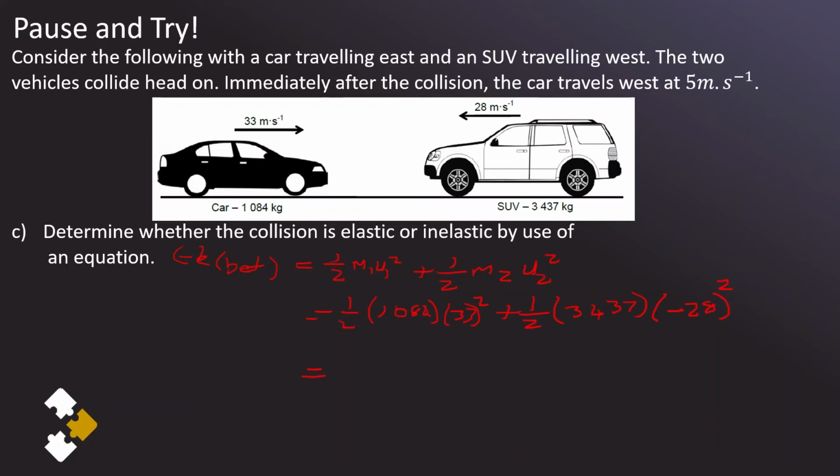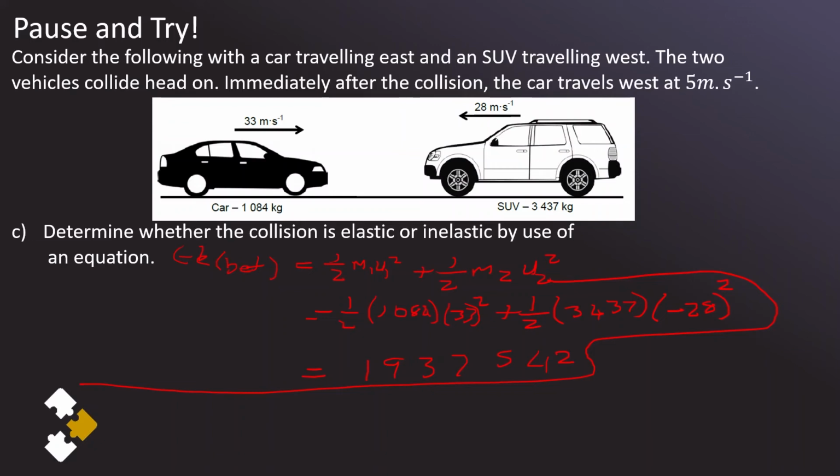And that gives us 1937,542. That is the kinetic energy before. Now we need to calculate the kinetic energy after. So for after, let me just draw a line there so that we don't end up mixing the two. Then we'll use the same formula, but we'll use V. So V, remember, it stands for final velocity.